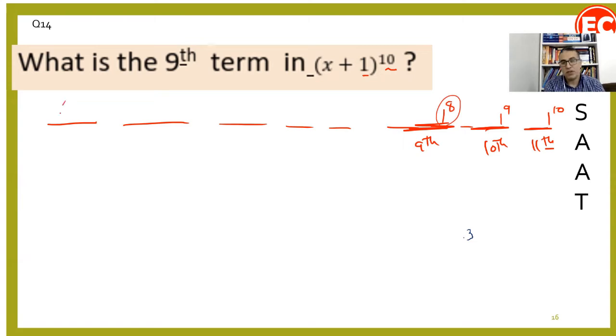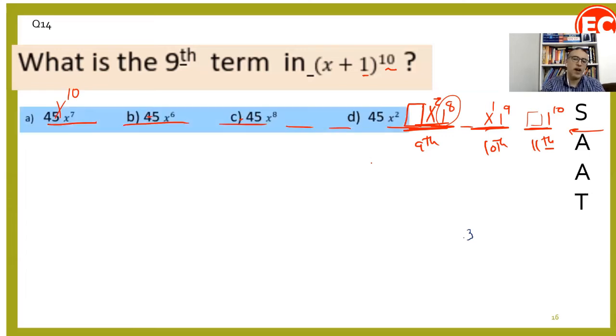But the first term starts with x power 10, then x power 9, x power 8. So from the back, there is no x here, but here is x power 1, x power 2, and then the coefficient of the binomial. So if you have the choices, it will give you only one term that has x power 2. And this is usually what is done in the tahsili.